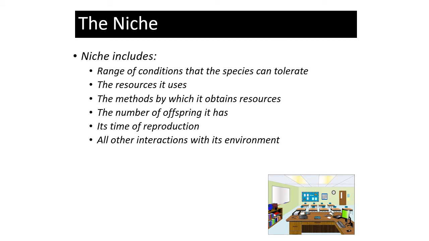This yellow bird uses it during the spring, but leaves during the winter. And this red bird uses it during the winter, but leaves during the spring. Because it's the same niche, they use all the same resources, they have the same predators, and they obtain their resources the same way. The only reason they don't go into competition is because they use it during different times of the year. And that's really important.